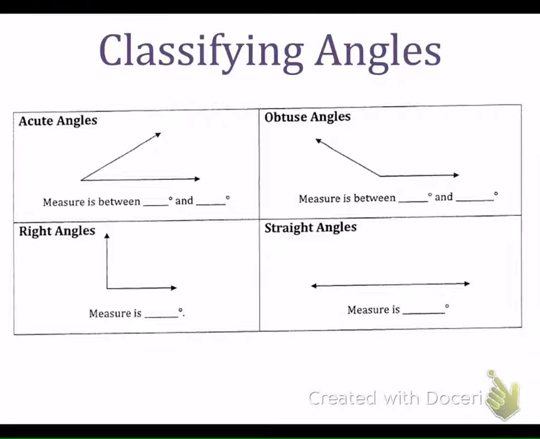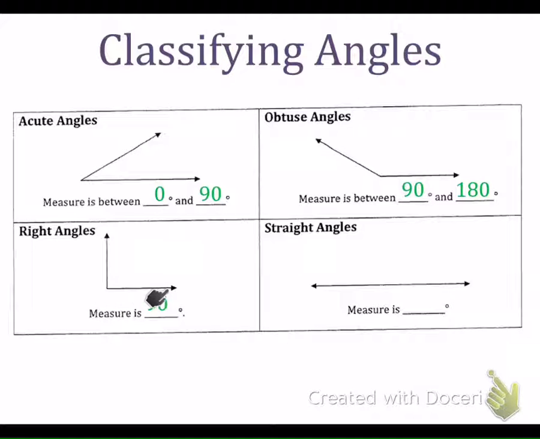All right, so there are 4 different ways to classify angles, and it all depends on how big the angle is. What's the measure? So if the measure of the angle is between 0 degrees and 90 degrees, we call it an acute angle. The way I remember this is these are the little ones. They're just so cute. If they get up to 90, that's when they're right here.